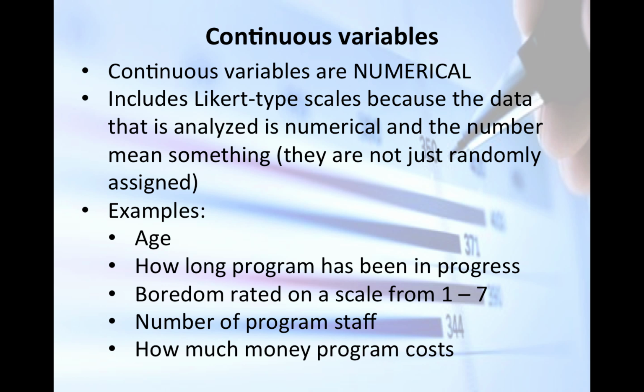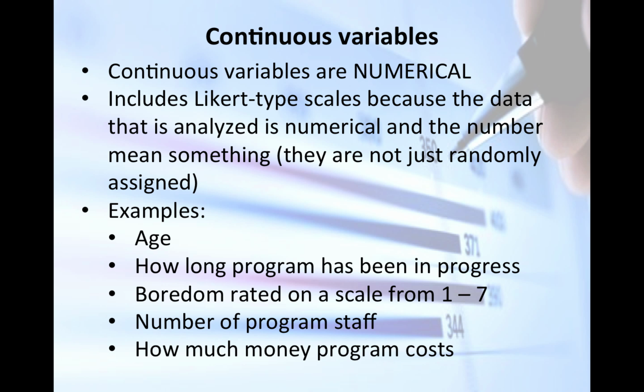Continuous variables are numerical, and this does include Likert type scales because the data that is analyzed is numerical and the numbers mean something. They're not just randomly assigned. Some examples of continuous variables: age, people indicate how old they are; how long a program has been in progress, maybe measured in months or years.